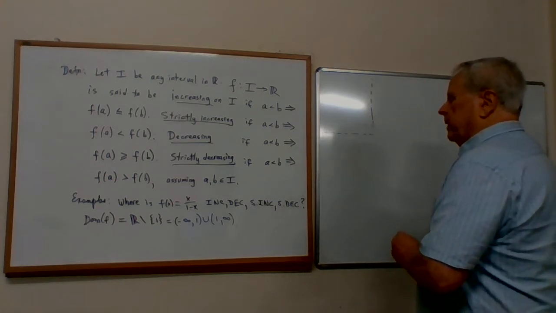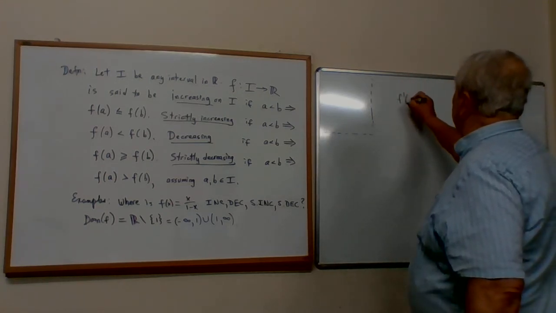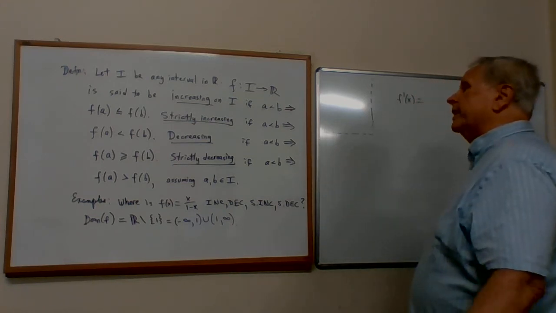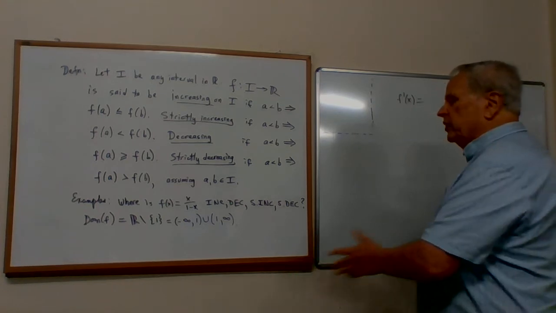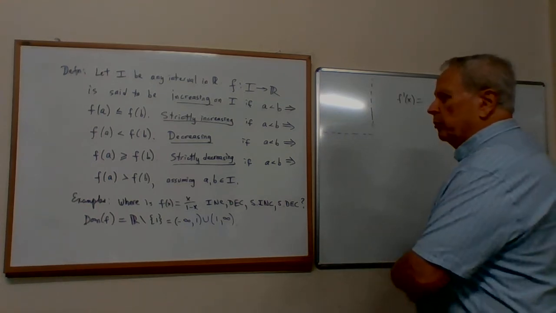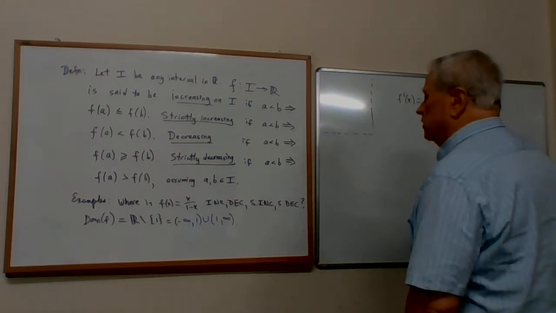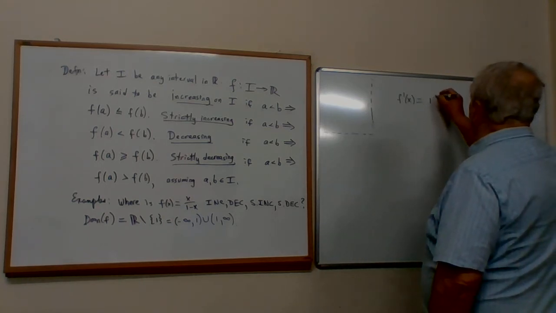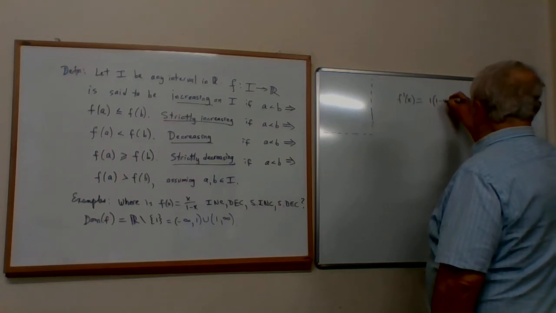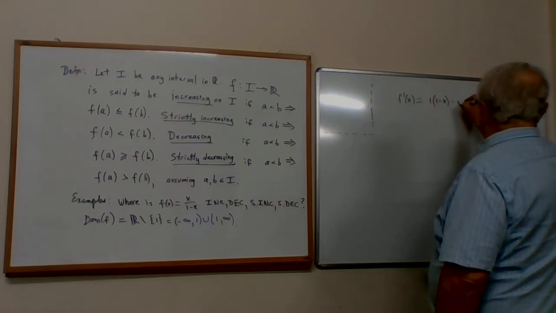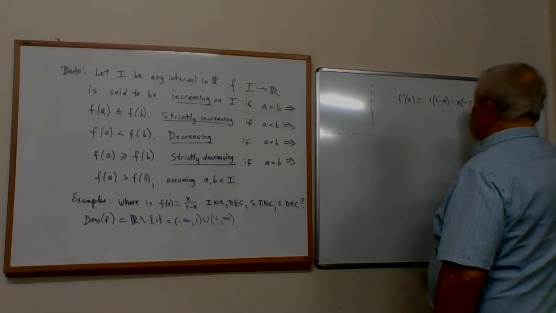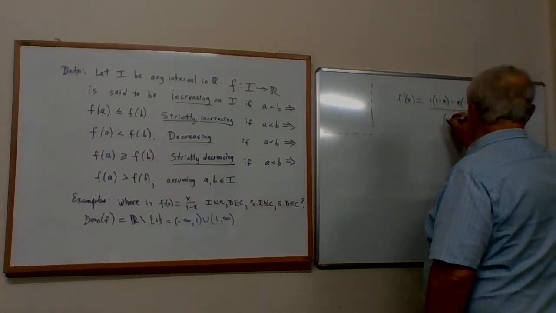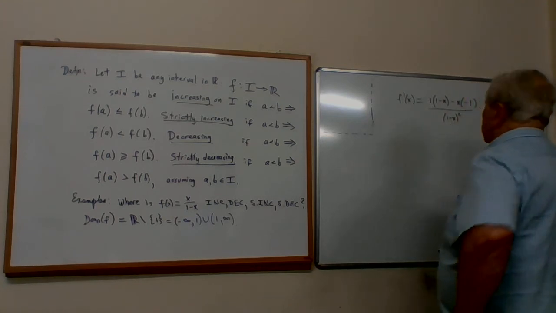Okay, so let's take the derivative of the beast, and hopefully everybody remembers the quotient rule. If you don't, go back and study it, because math builds on itself. You'll definitely need quotient rule and product rule for this class and for all classes that you take afterwards. But f prime of x is the derivative of the top times the bottom minus the top times the derivative of the bottom, which is -1, all divided by the bottom squared, right?